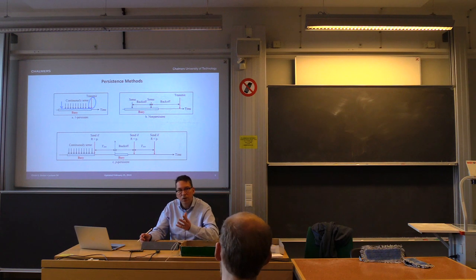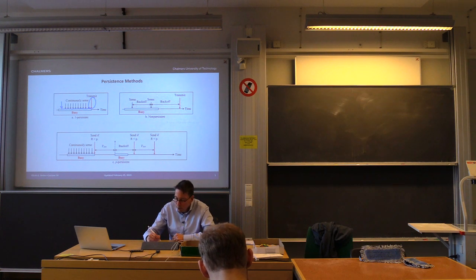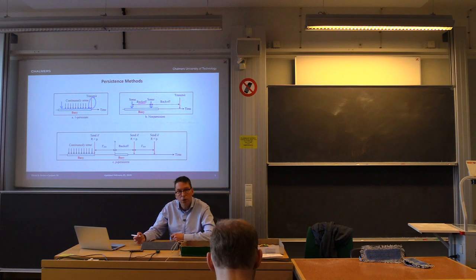So this is the aggressive method. It's called persistent or one-persistent CSMA. The other method, which is non-persistent, is that when we measure the channel at this point in time, we see, oh, it's busy. And then we wait a back-off time, which could be substantial. In this case, it happens to be a fairly short back-off time, so we repeat the sensing at this point in time.